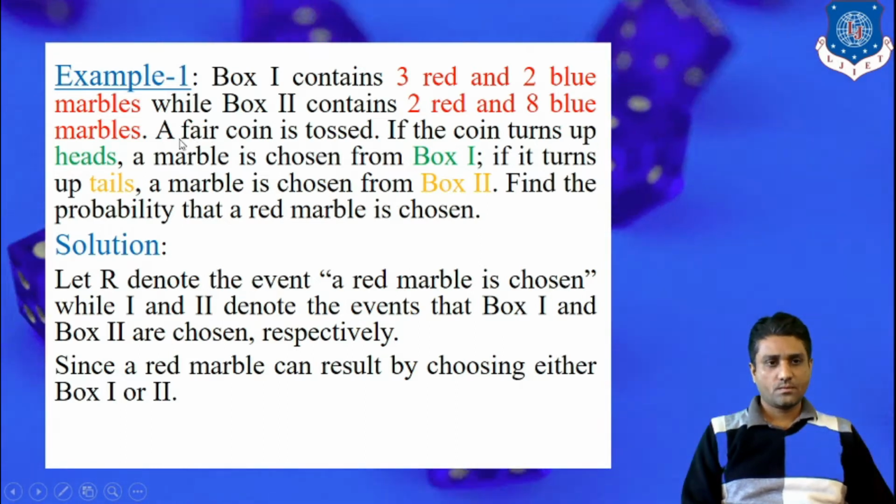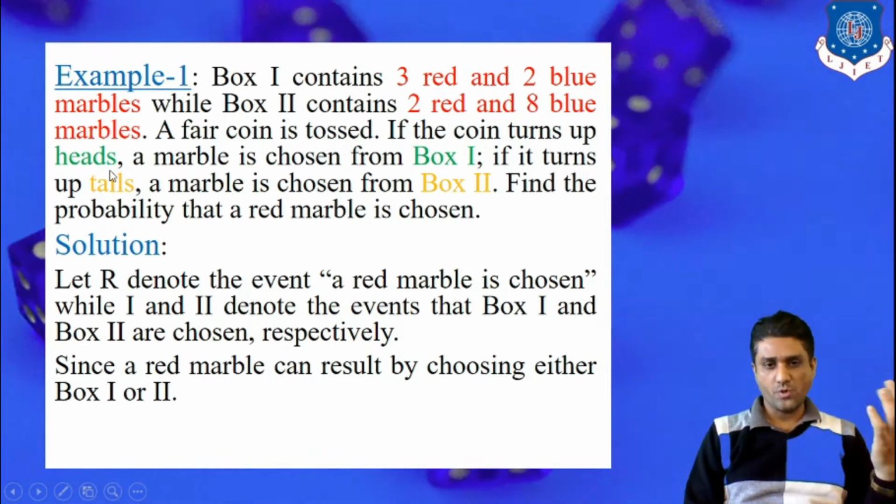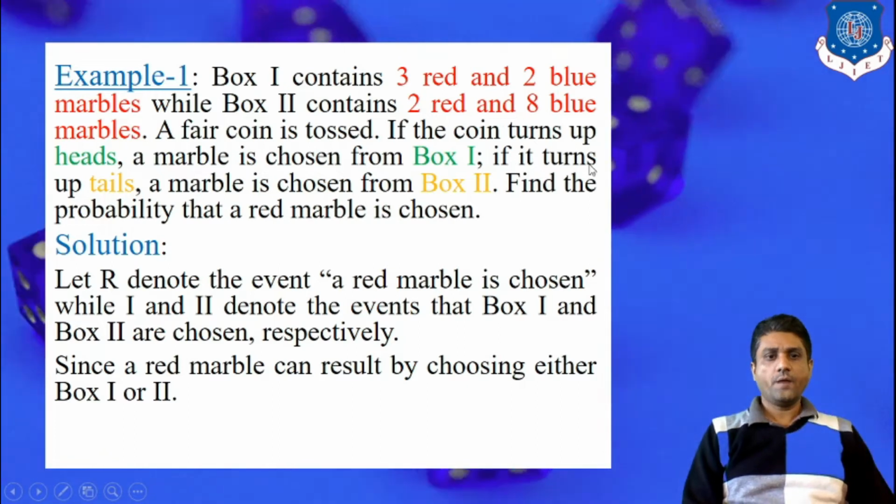Further, the question says that a fair coin is tossed. If the coin turns up head, a marble is chosen from box 1. If it turns up tails, the marble is chosen from box 2.